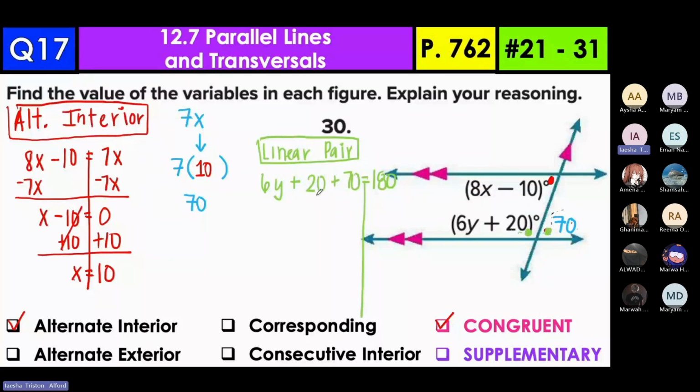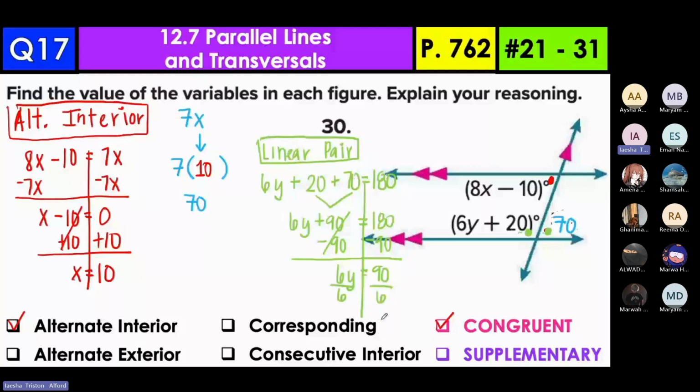Here, you have to make sure you clean up. 20 plus 70 gives you a positive 90. Subtract 90 both sides. This one is 0. 6y is equal to 90. Divide 6, divide 6.